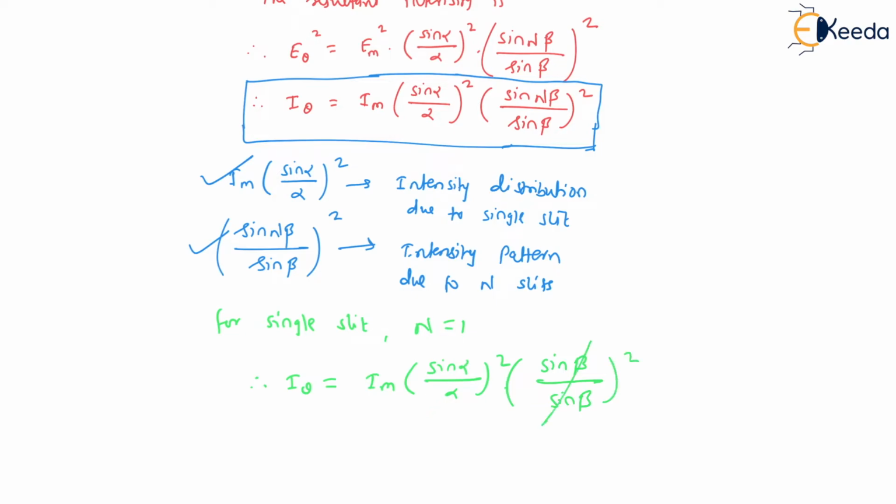The sine beta gets cancelled and we get the final equation I theta is equal to Im into sine alpha by alpha bracket square, which is the resultant intensity of a diffraction pattern for a single slit.